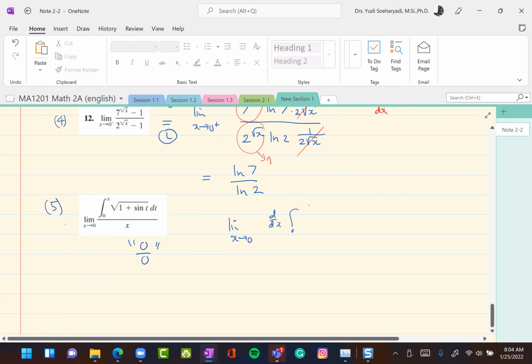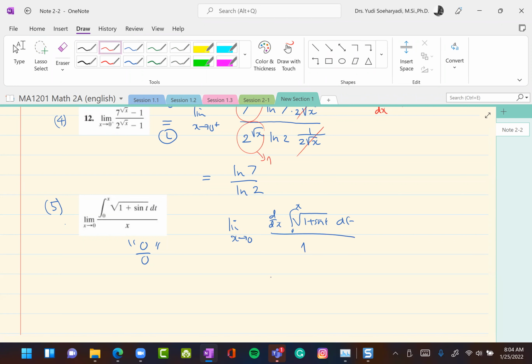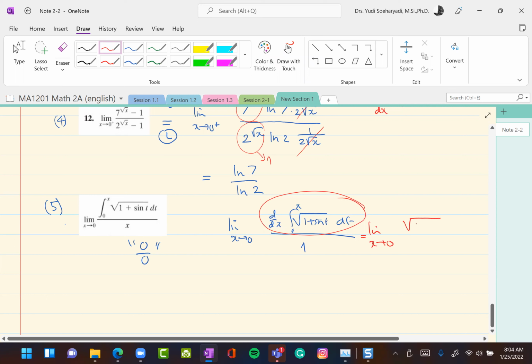dx over dt, and the dx is just 1. And recall that this is the fundamental theorem of calculus, saying that when you take derivative, it just cancels the integral. Okay, so what we have here now is just substitute this one with x.